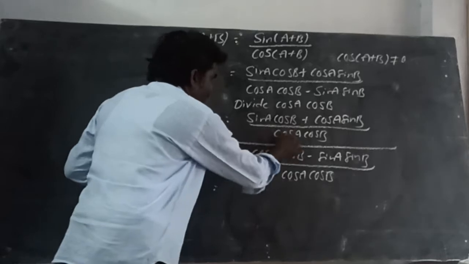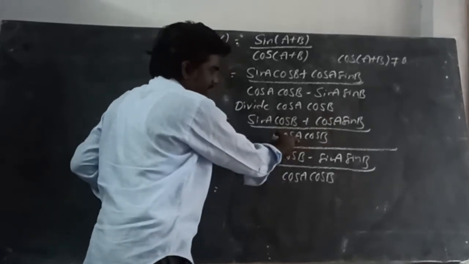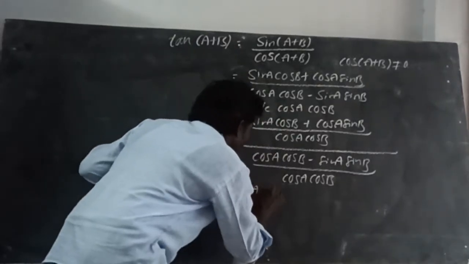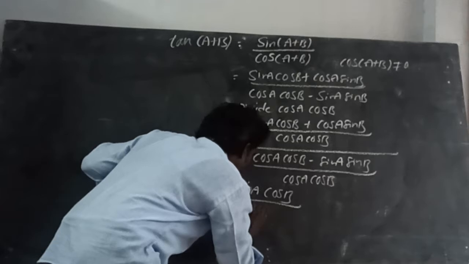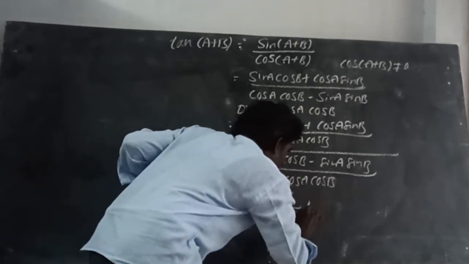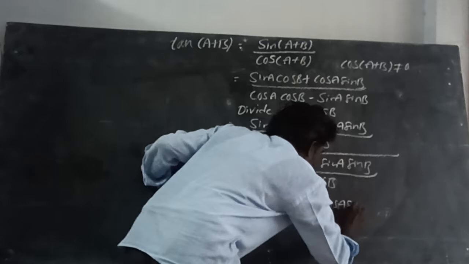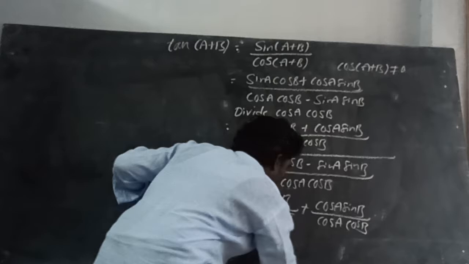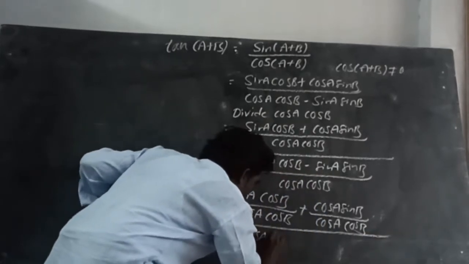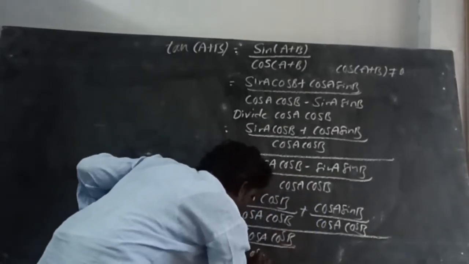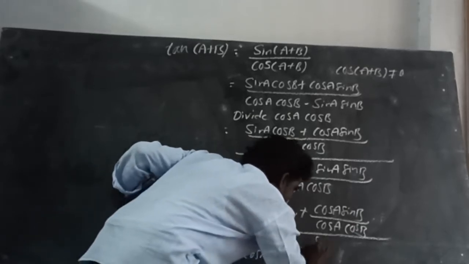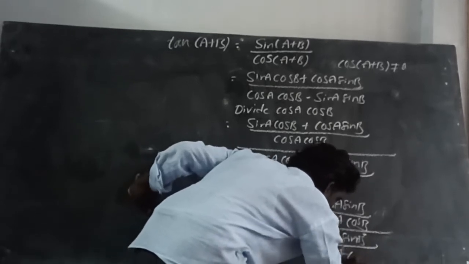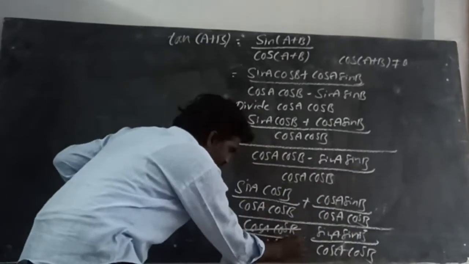For these two terms there is a common denominator. You can write as sin a cos b by cos a cos b plus cos a sin b by cos a cos b, over cos a cos b by cos a cos b minus sin a sin b by cos a cos b.